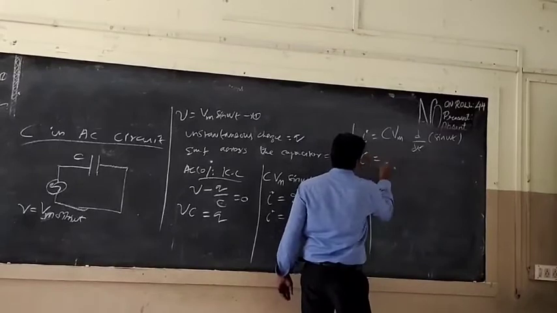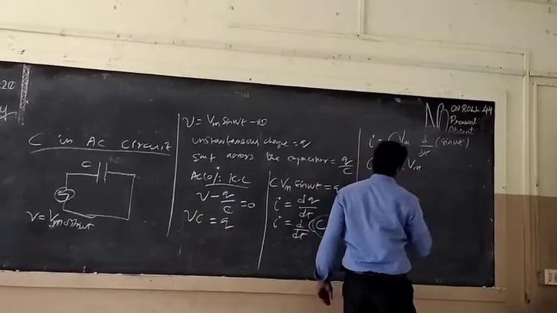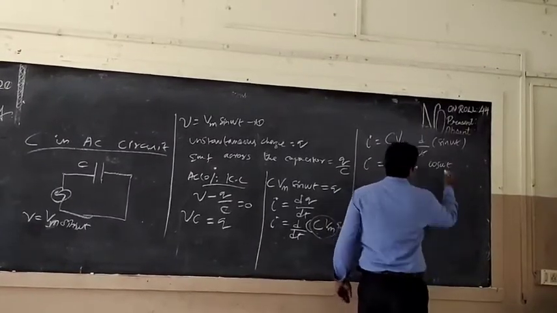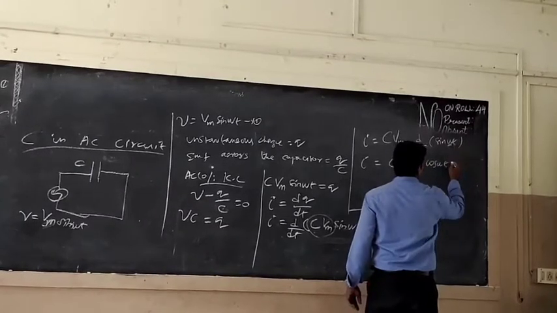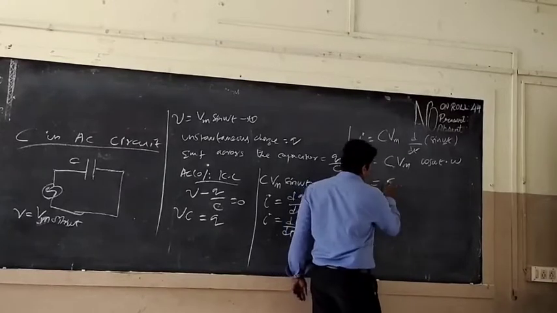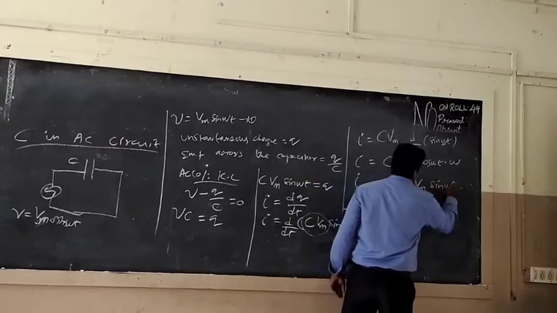So I is equal to C Vm cos omega t. Omega we have to differentiate with respect to t will be omega. So I is equal to C omega Vm cos omega t.